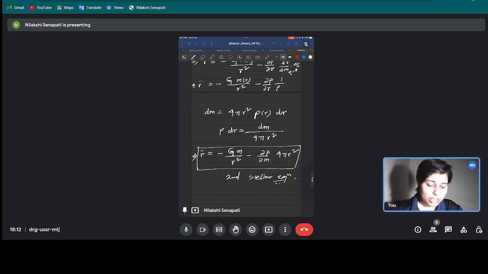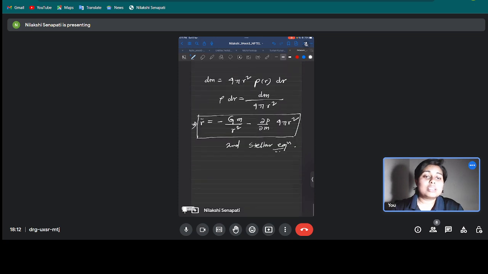But whatever it is, it is telling us that the gravitational force and the pressure difference are the main things helping us to stabilize the system mechanically.